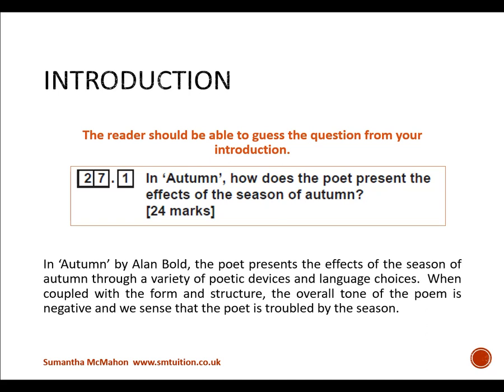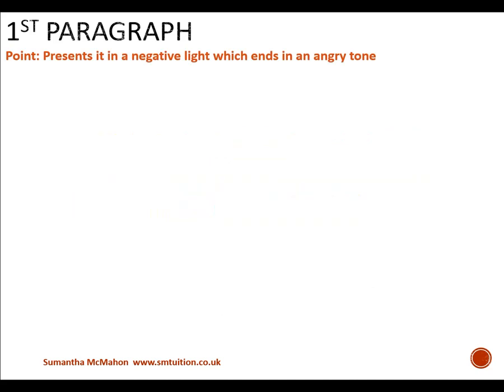In Autumn by Alan Bold, the poet presents the effects of the season of autumn through a variety of poetic devices and language choices. When coupled with the form and structure, the overall tone of the poem is negative and we sense that the poet is troubled by the season. Press pause on this video if you would like to give it a go.